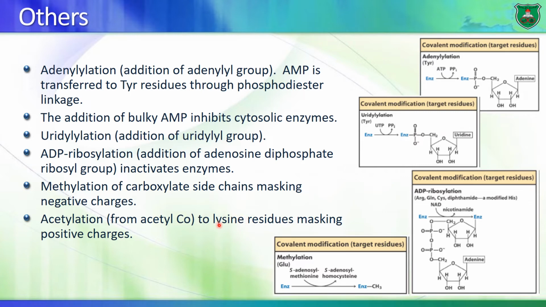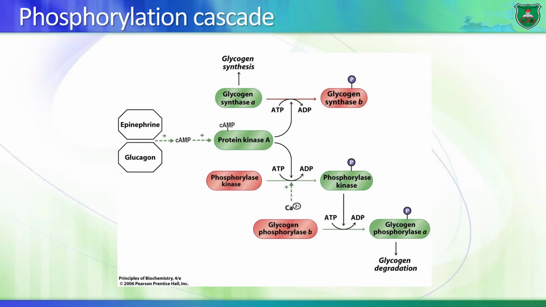Now, if you remember in molecular biology, we talked about the acetylation effect on histones of DNA. Same thing with methylation, by the way. Okay, so here's what happens. You have protein kinase A regulated by cyclic AMP.